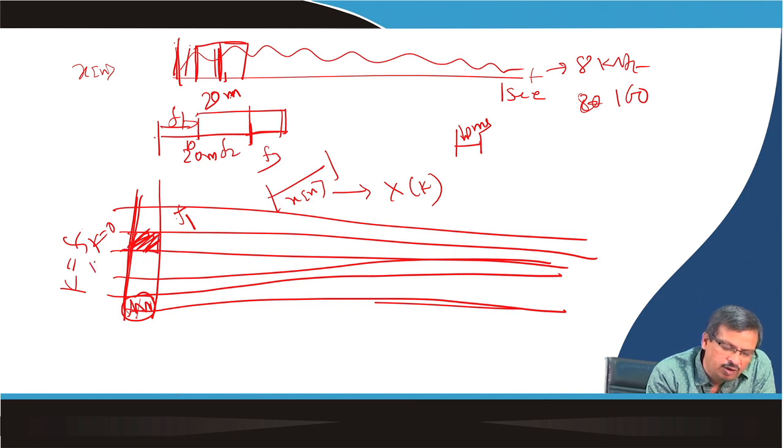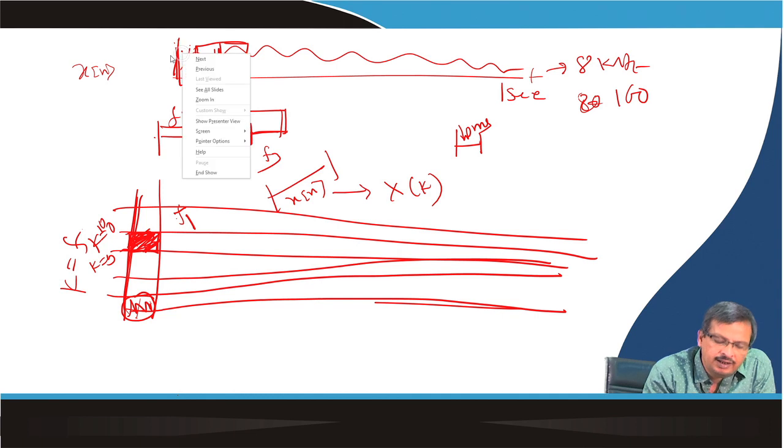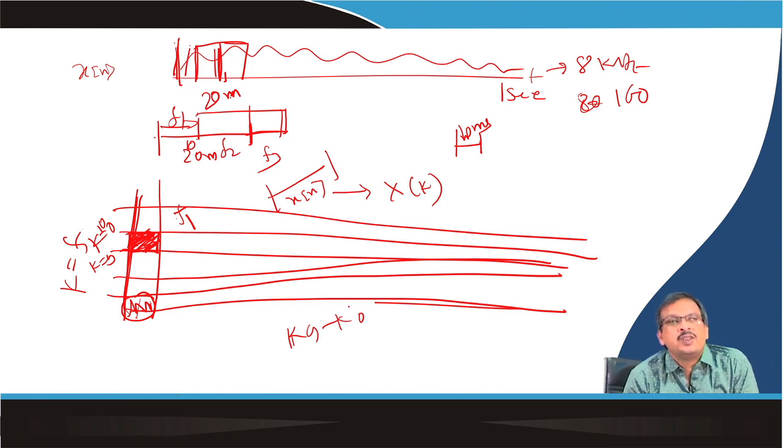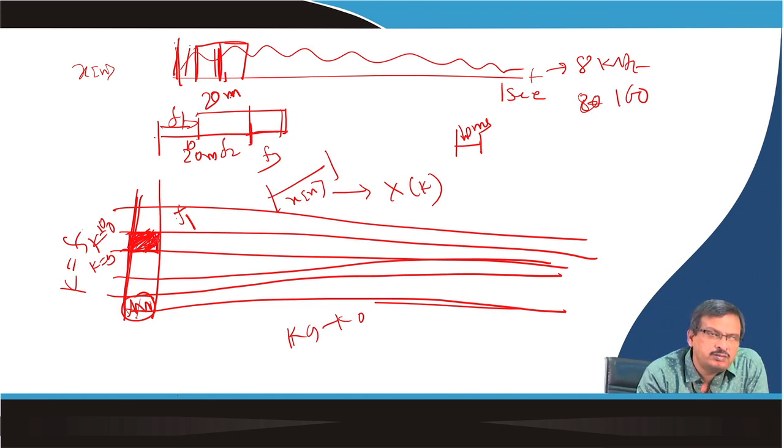So, this is k equal to 9 and this is k equal to 10. So, this box basically represents this portion of the signal, the k equal to 9 to k equal to 10 frequency band. So, this is called a band.